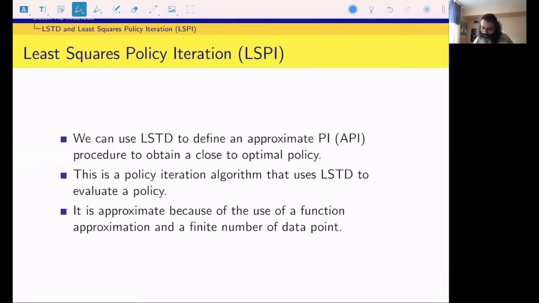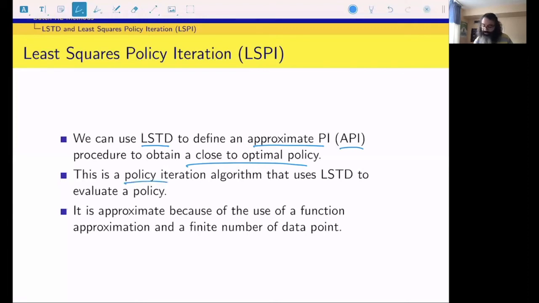So we can use LSTD to define an approximate policy iteration, usually called API, to obtain a close to optimal policy. We don't necessarily get to optimal because there is approximation.